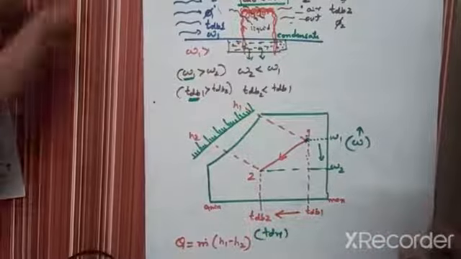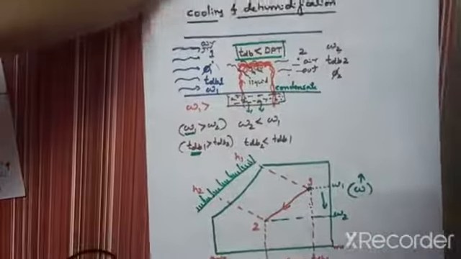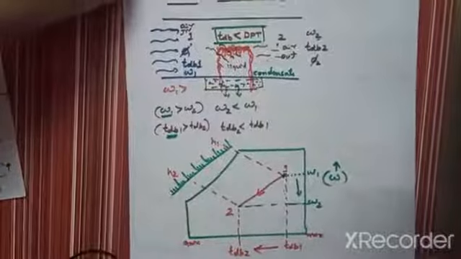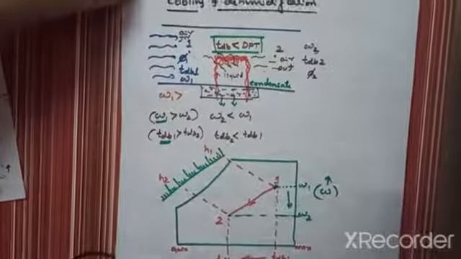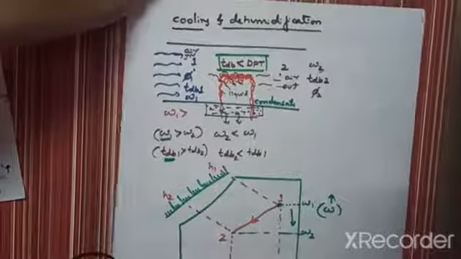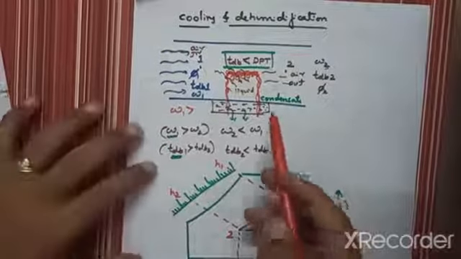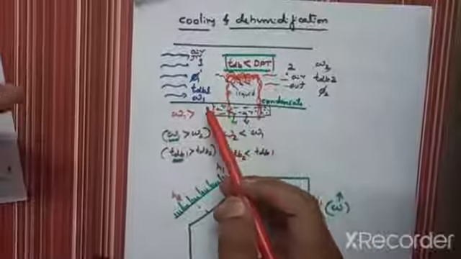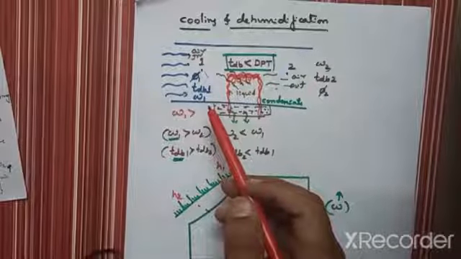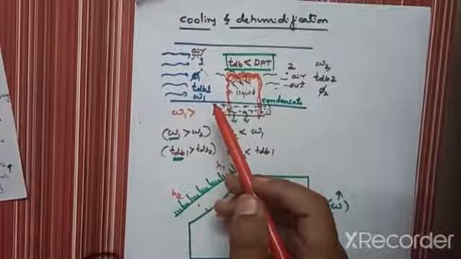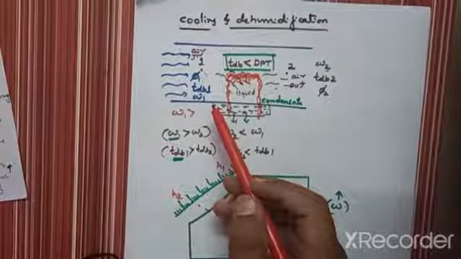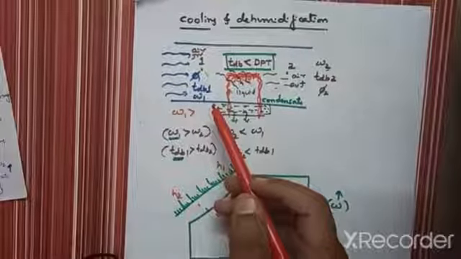Now in your mind there will be a question: where will such processes be used in air conditioning? And dear students, in the summer air conditioning, the atmospheric air temperature is more. Just imagine it is the summer season. In the summer season, the temperature of the air is more. With high temperature, we will be feeling uncomfortable. So we need to reduce the temperature.